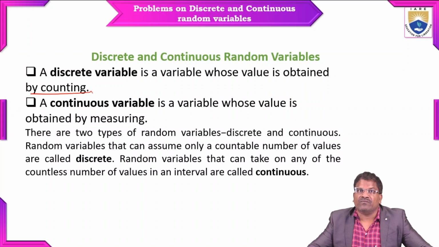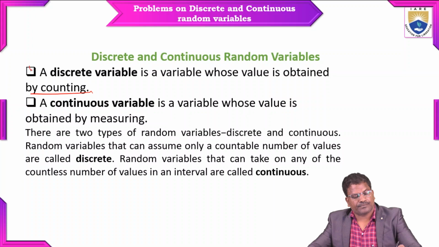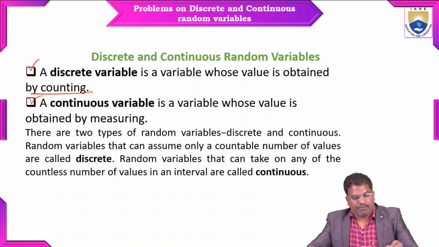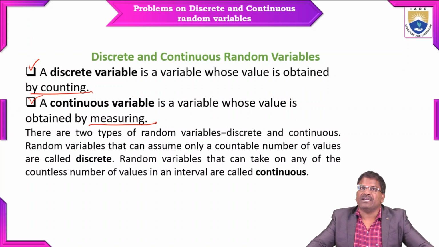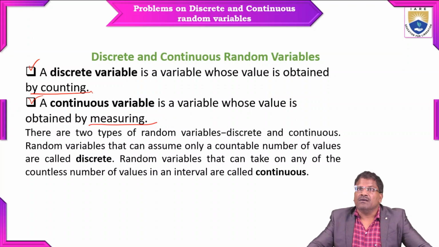Whereas a continuous variable is a variable whose value is obtained by measuring. That is the main difference between counting and measuring. The value which is obtained by counting is a discrete random variable. The value which is obtained by measuring is known as a continuous random variable.